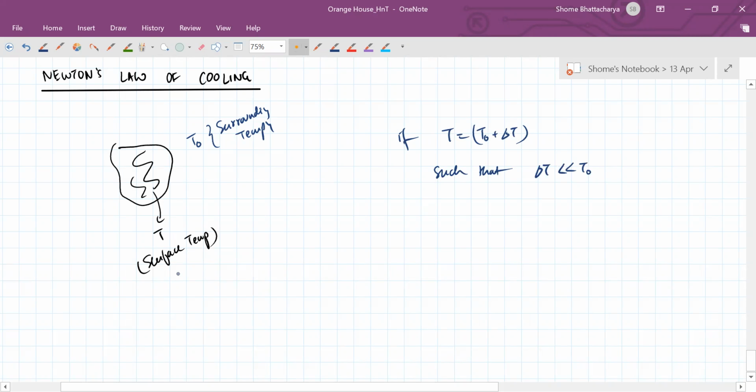Remember, these temperatures are in kelvins.